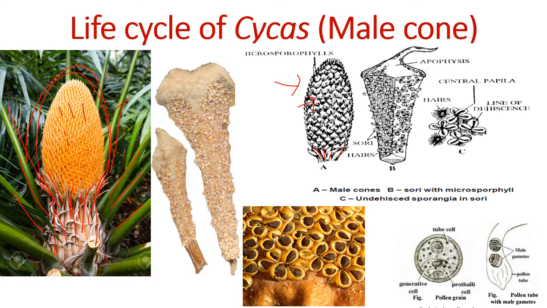These sporophylls are attached to the central axis at the base. Now the individual structure is represented here, and this is called a sporophyll or microsporophyll. This point is called the apophysis, which is protective in nature.